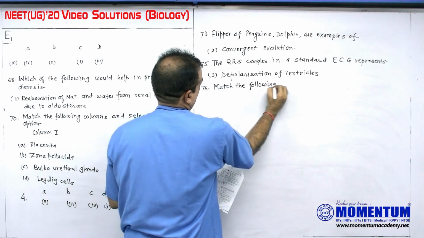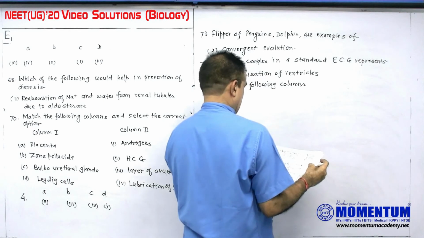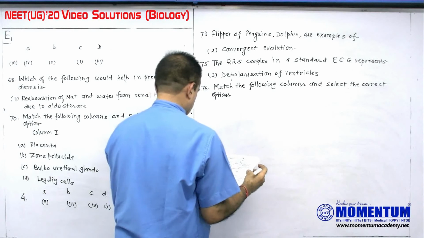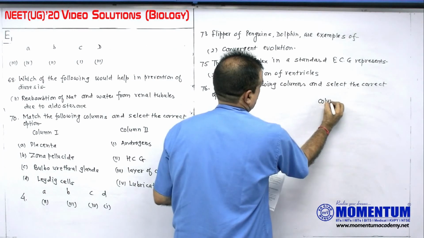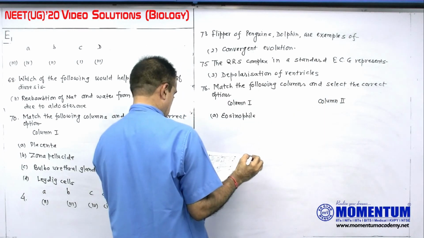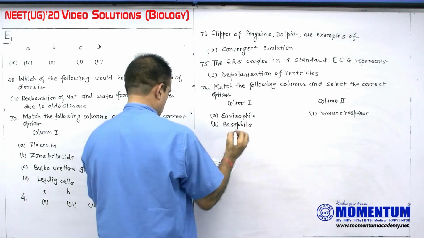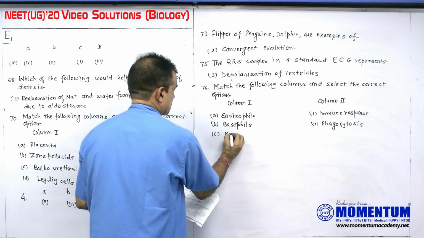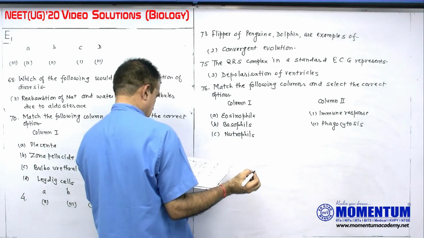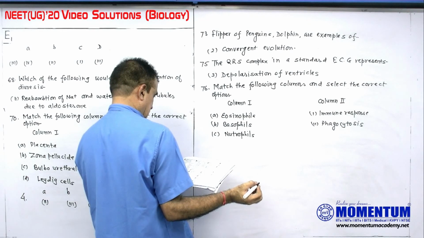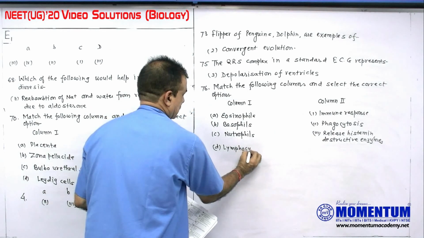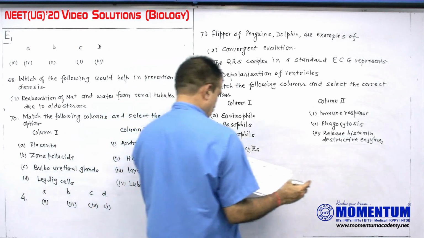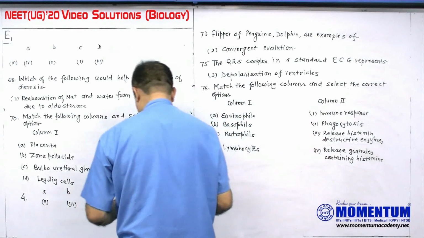76. Match the following columns and select the correct option. Column 1, column 2: eosinophils, immune response; basophils, phagocytosis; neutrophils, release histamine, destructive enzymes; lymphocytes, release granules containing histamine.